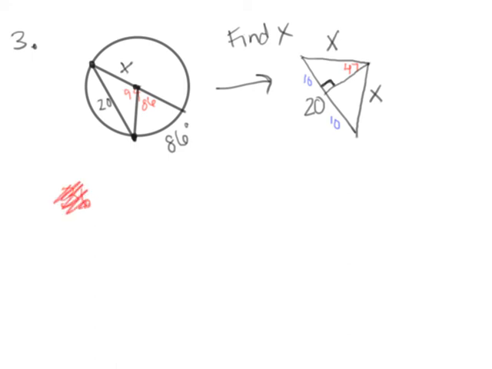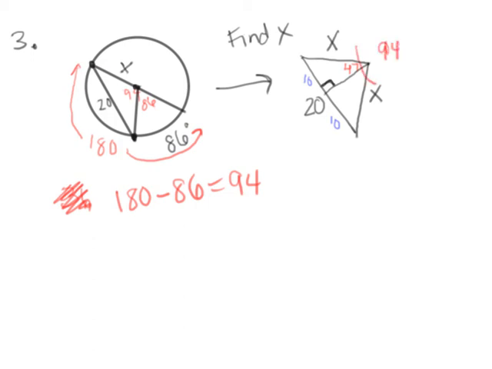Actually, we don't need 360. We could actually do 180 minus 86 is 94, right? Because this whole thing is 180 all the way across. Minus the 86 gives you 94 in there. And then this whole thing was the 94. So if we cut that in half, this piece is 47.